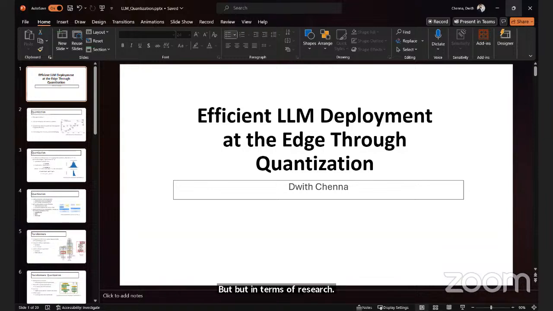They have a question about a different approach. Instead of quantization, isn't it possible to start training the model with the limited resources we have on edge devices? Start the model from scratch and do the quantization. So you're talking about on-device training?